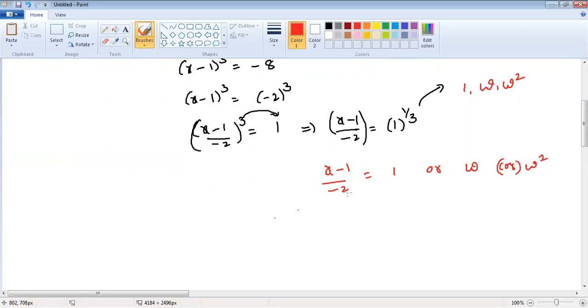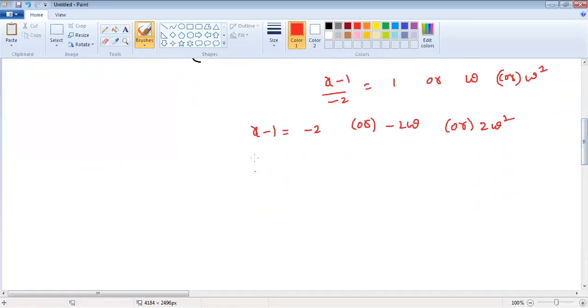From here, simplifying, x minus 1 is equal to minus 2 or minus 2 omega or minus 2 omega square. Then 1 also goes to the other side. It becomes x is equal to 1 minus 2, or 1 minus 2 omega, or 1 minus 2 omega square.